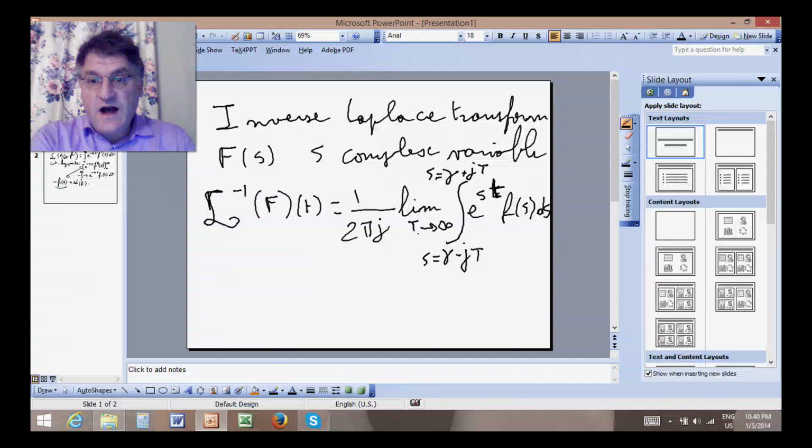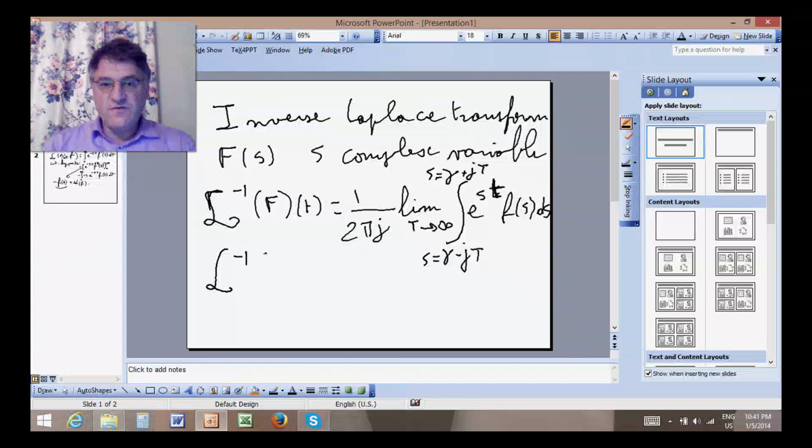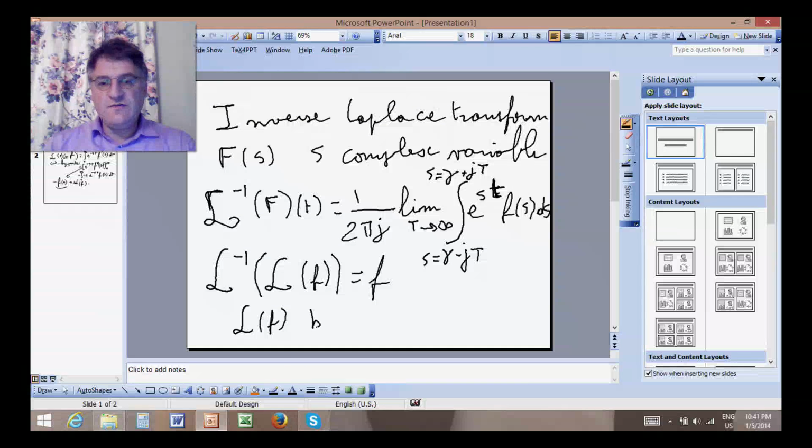I just indicated it to you here because it means that there is an inverse to the Laplace transform. We have L inverse of L of f, which is equal to f. In other terms, the Laplace transform is invertible. It is a bijection. Thank you for your attention.